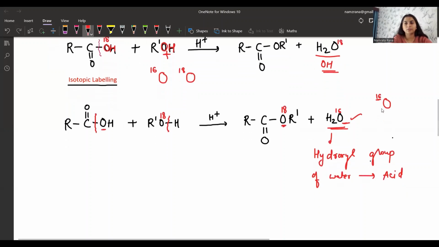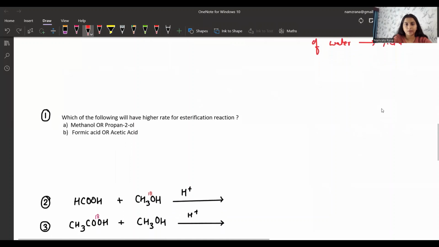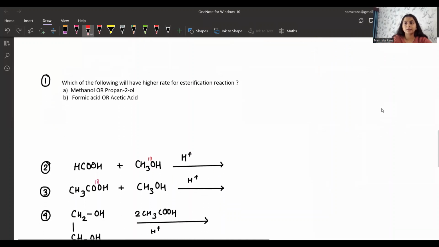Now moving towards the questions of the esterification reaction, and these are questions from previous years. You need to see the applications of any reaction, that is, in which form you will see that question in your exam. Question number 1: which of the following will have a higher rate of esterification reaction?